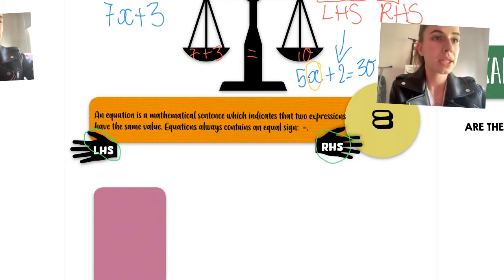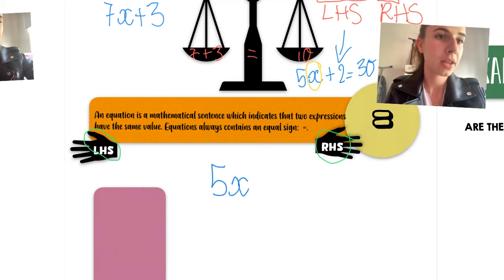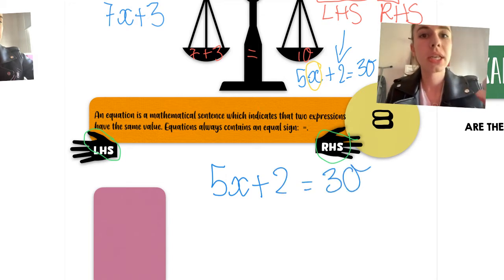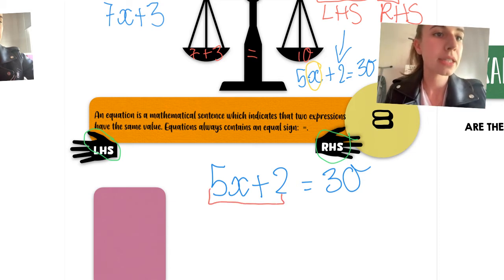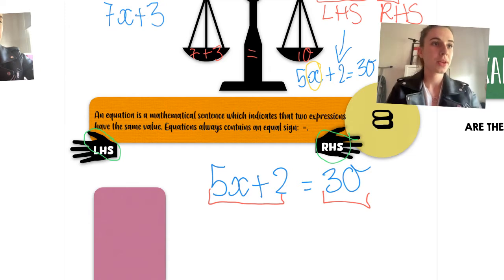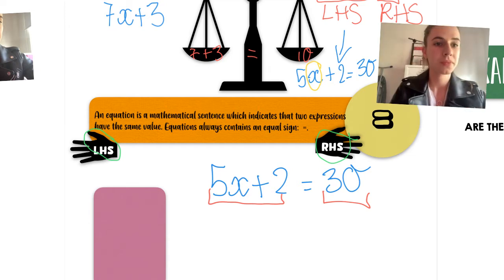So what I'm saying when I say 2 expressions have the same value, if you looked at this algebraic equation here, 5x plus 2 equals 30, you've got an expression here, 5x plus 2, and then 30, okay? So they're equal in value.